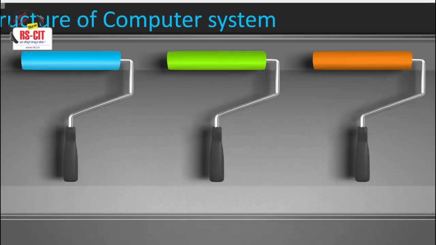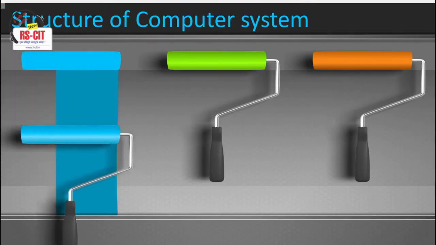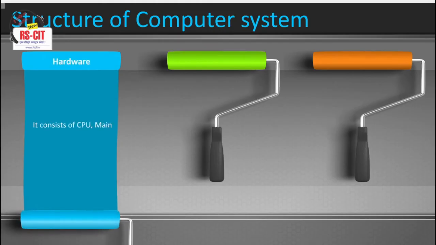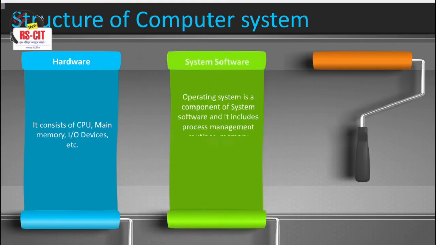Structure of computer system. Let's discuss the basic structure of computer system, which consists of 3 layers. Hardware. It consists of CPU, main memory, input-output devices, etc. System software.